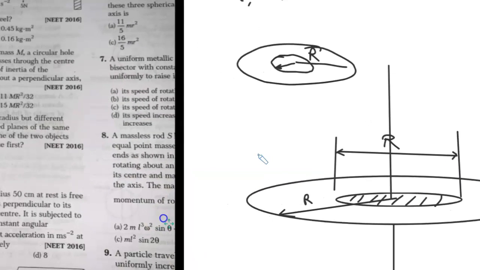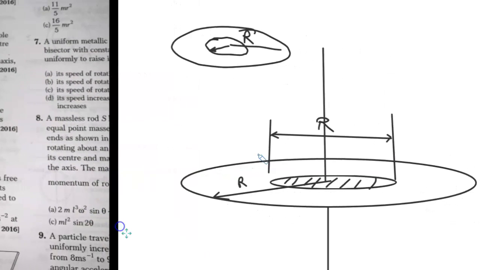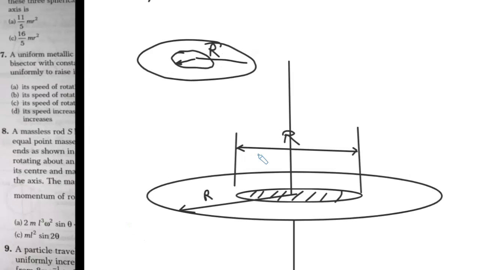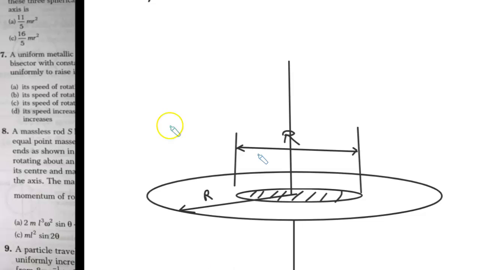First, I will give the hints. The moment of inertia of the whole disk is how much? It is 1/2 m r square.